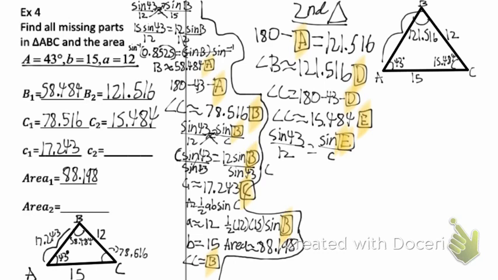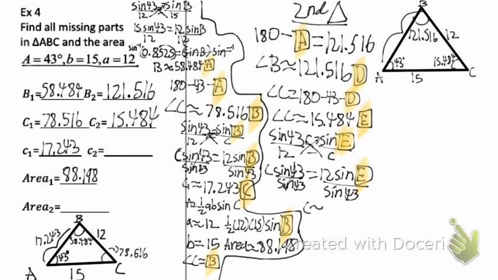So we cross multiply: C sine 43 equals 12 sine E. Then we divide sine 43 each side so we can leave C alone.